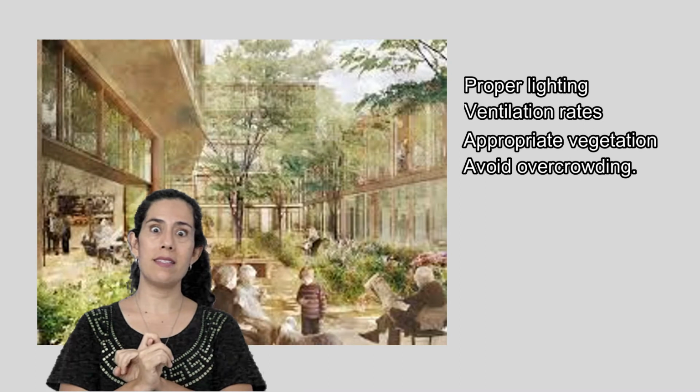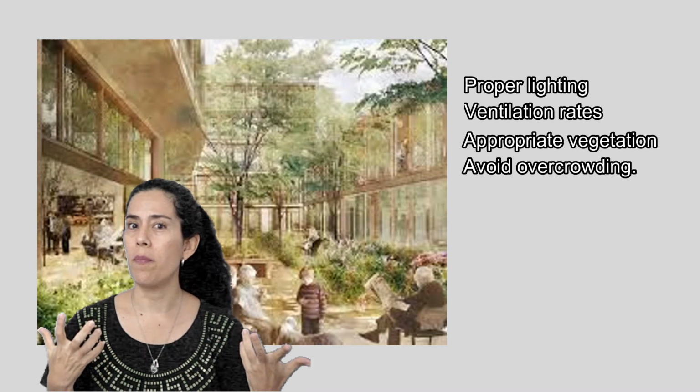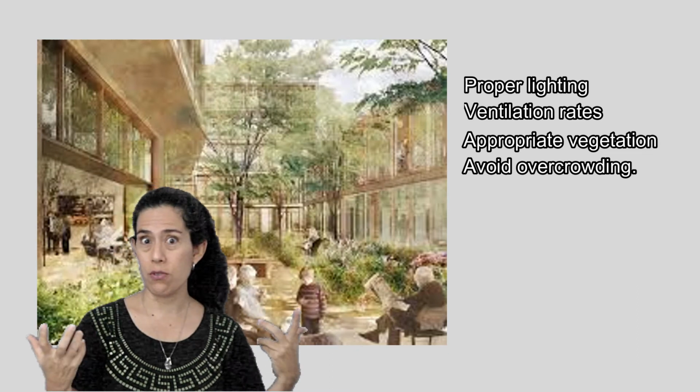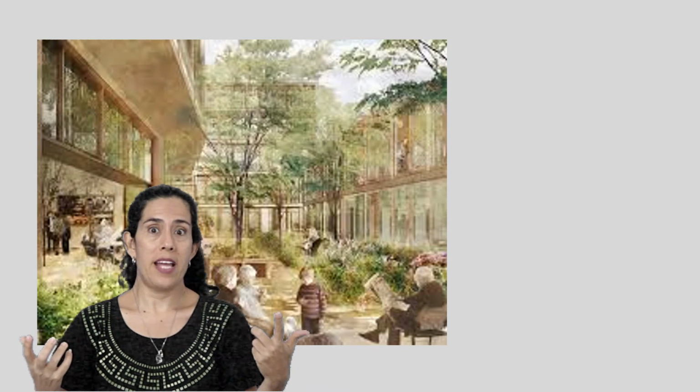The type of plants that maybe have color to cheer you up, oranges and yellows in their leaves or flowers, or a type of plant that purifies the oxygen easier, faster than any other plant. That kind of design is the design that improves our health and makes the building user-friendly, not only environmentally friendly, but user-friendly.